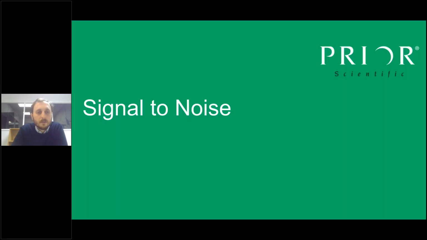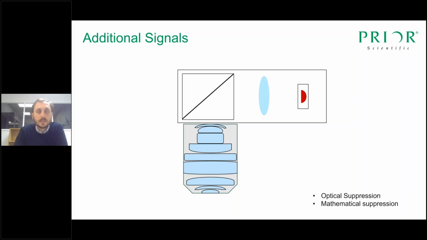Now, the main operating requirement for a hardware autofocus comes down to signal to noise. So we want to make sure that we detect as much of the signal emitted by the hardware autofocus as possible, while excluding all other signals from the sensor.